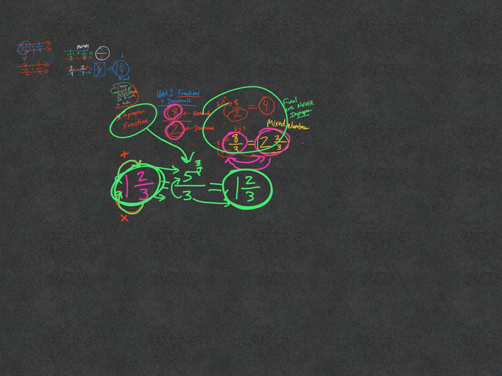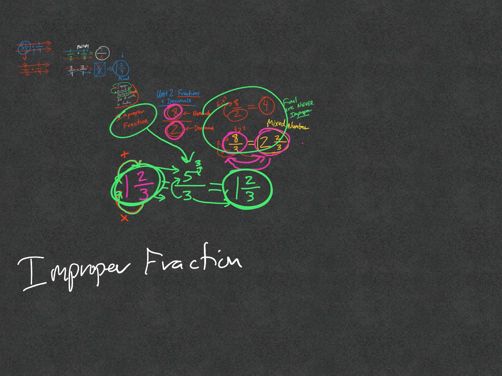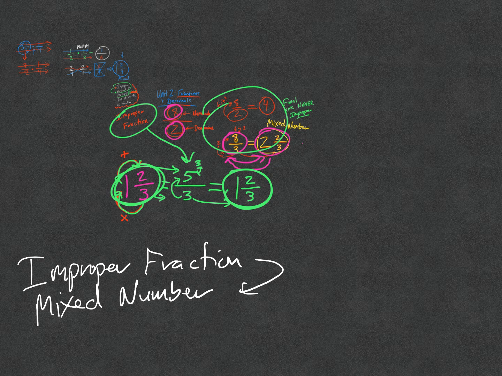All right, so what did we learn in this video? We learned what an improper fraction is. We learned what a whole number and a mixed number are. We learned how to switch between the two.